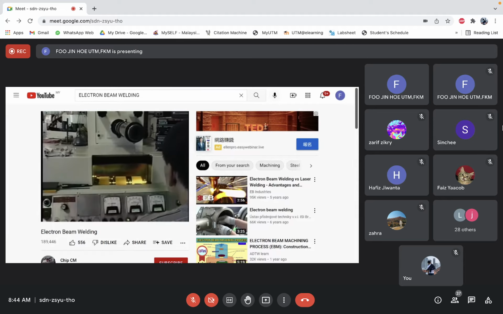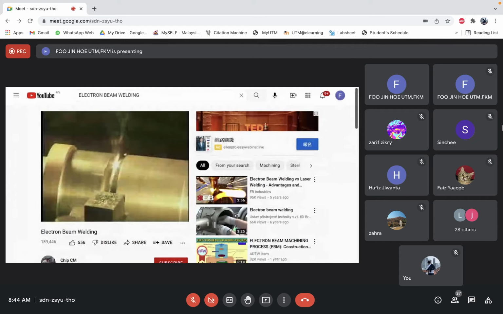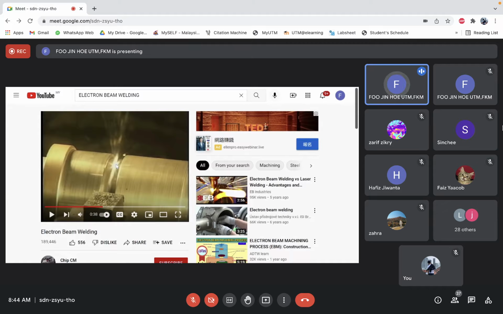This electron stream is developed in high vacuum, but actual welding can be performed in either high vacuum, partial vacuum, or standard atmospheric pressure. So you can see that the flare or the area that is being welded is not as bright as the one just now, right? So it's a more focused kind of beam electron, compared to this plasma welding, all right?